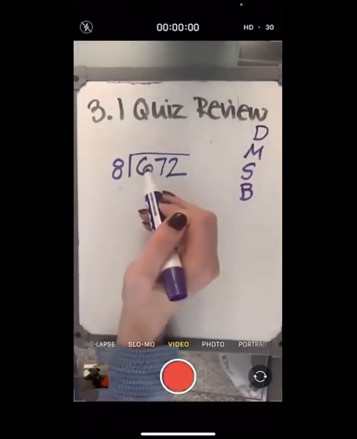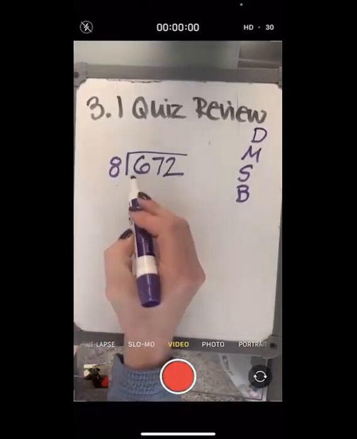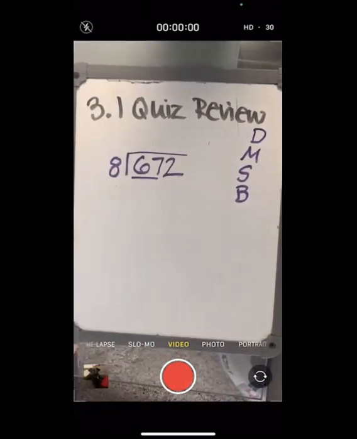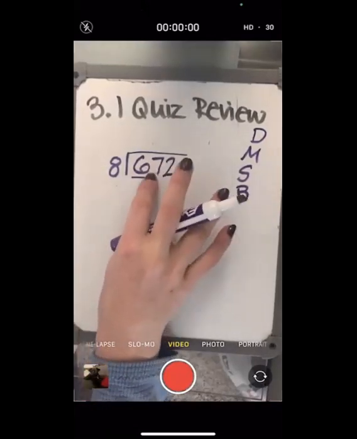So PJ, can I divide 8 into 6, or 6 into 8? No. Okay, so then what do I need to do, PJ? 67. Good. Does 8 go into 67? Not exactly, right?